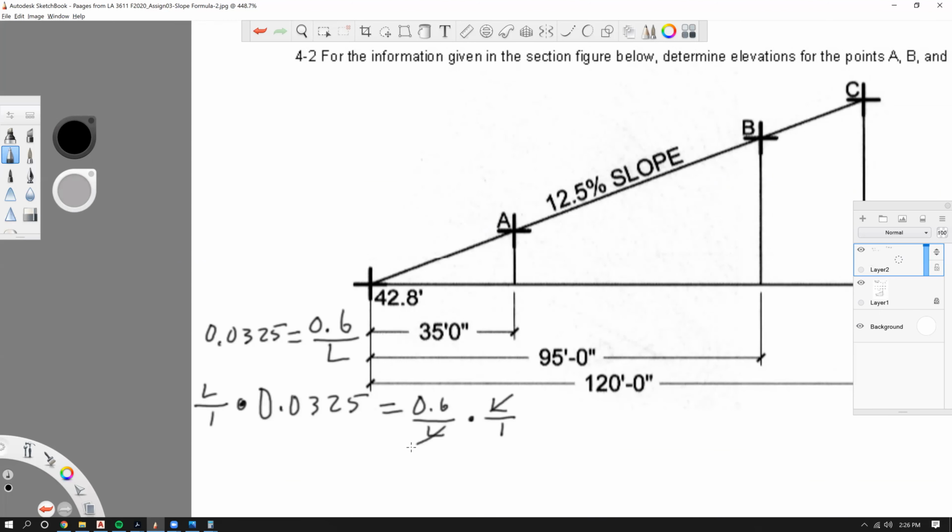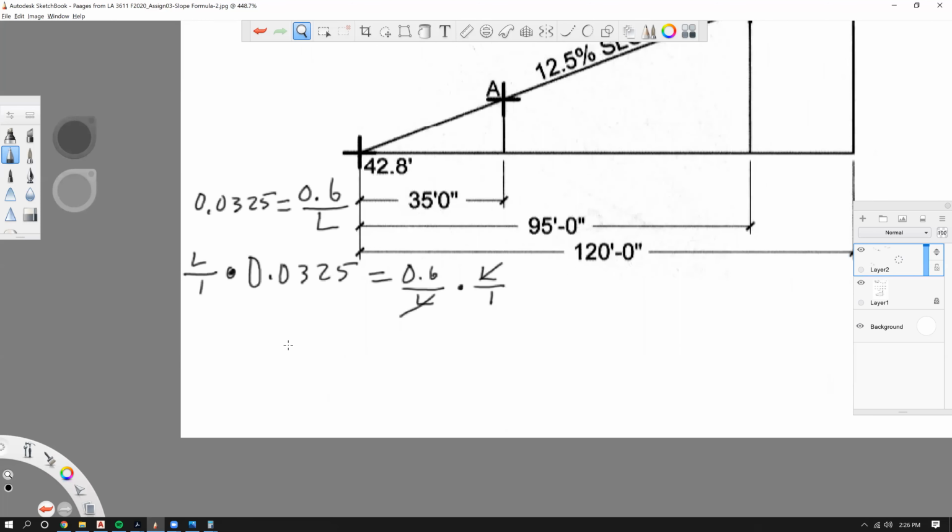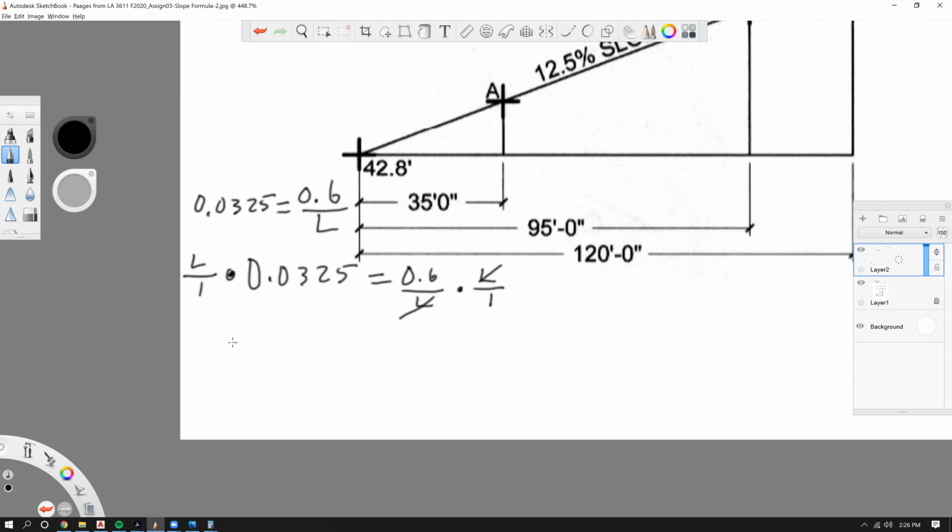The L's are going to cancel, and what's left is L times 0.0325 equals 0.6 over 1, or just 0.6, right?